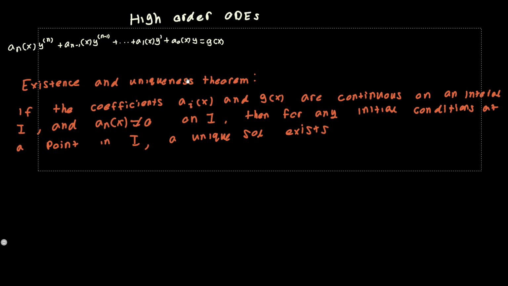We're also going to move on to homogeneous solutions, or simply the homogeneous case. So we consider a second order homogeneous linear differential equation, a2 of x y double prime plus a1 of x y prime plus a0 of x y is equal to 0.